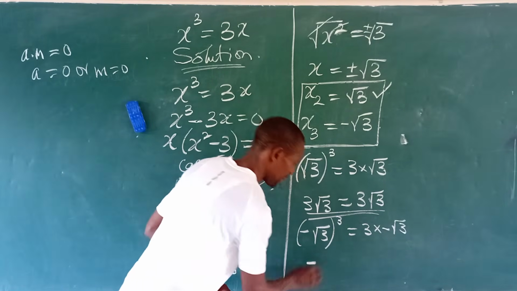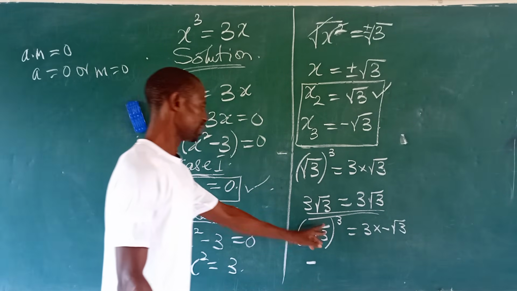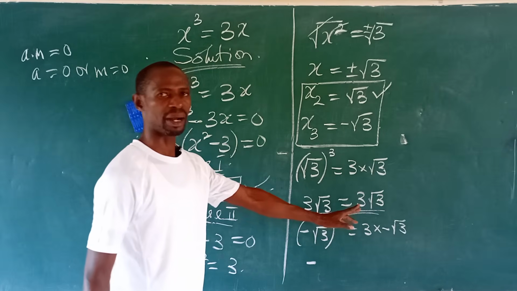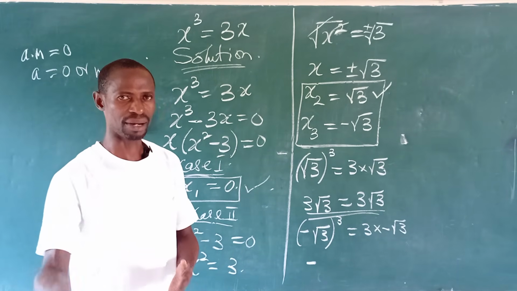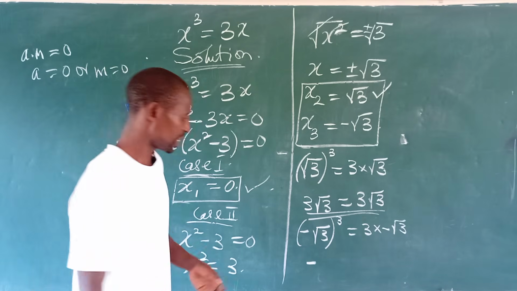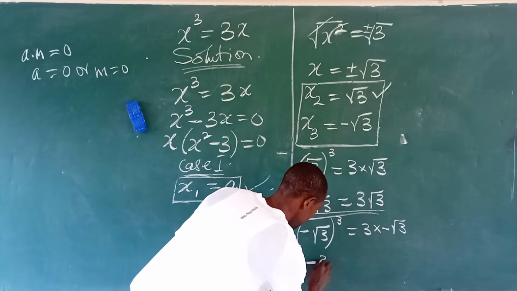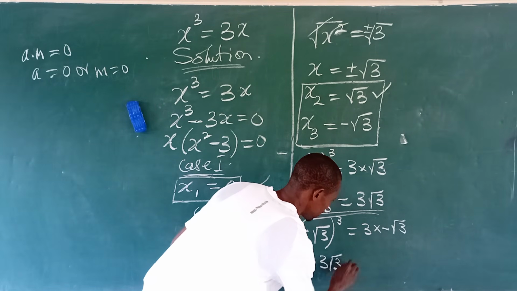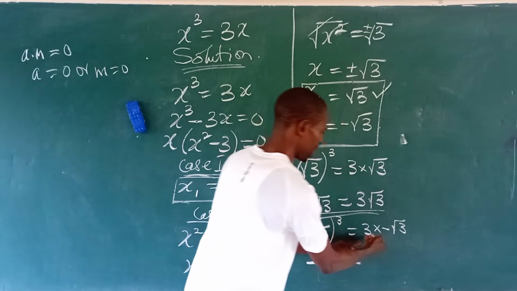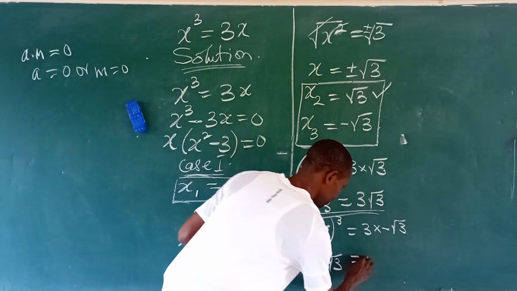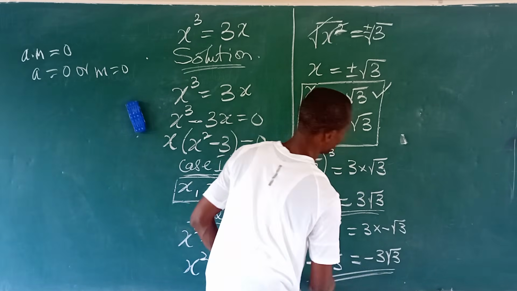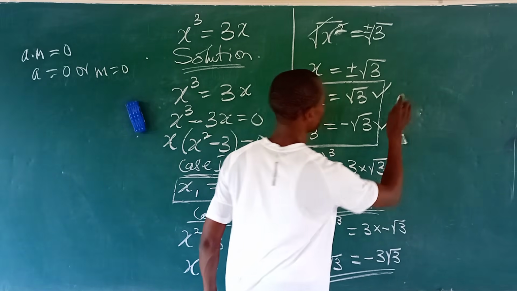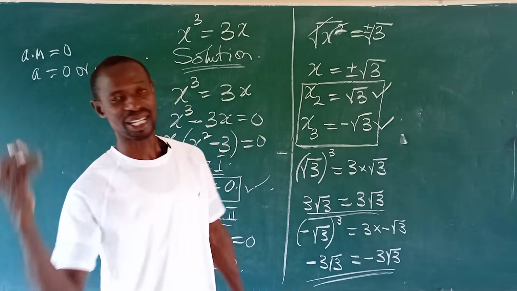Again, root 3 to the power of 3 means root 3 times root 3, which is 3, times another root 3, that will give us 3 root 3. So we have minus 3 root 3. And 3 times minus root 3 is going to give us minus 3 root 3. So this also shows that the third root satisfies the original equation.